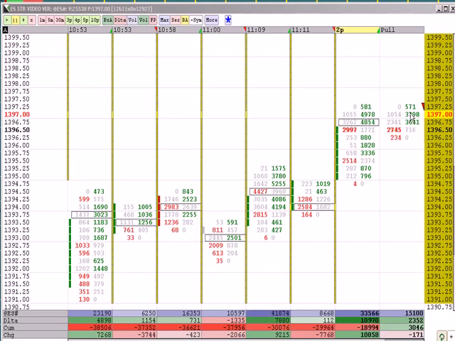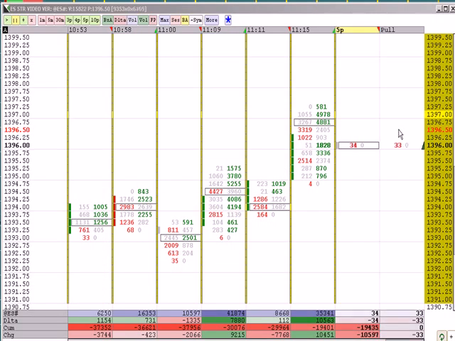So we're going to adjust our exit strategy. We're going to take the 96.50s. The 96.50s, we're out of the market here on the 33,067 tick. So we adjusted our exit strategy down a point.